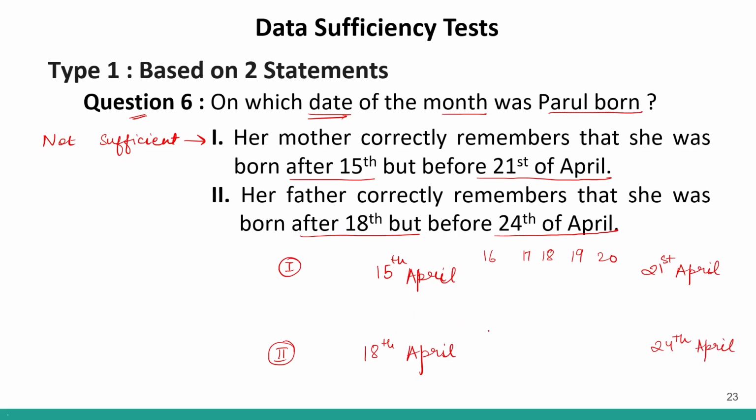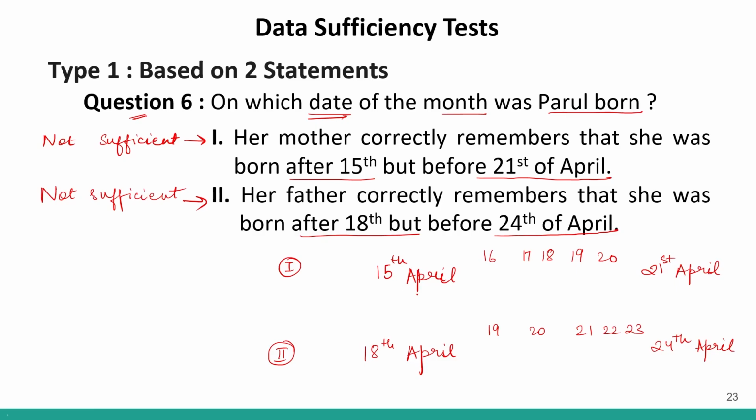She could be born on 19, 20, 21, 22 or 23. So even with statement 2, we are getting 5 different possibilities. So this statement alone is also not sufficient. Correct?